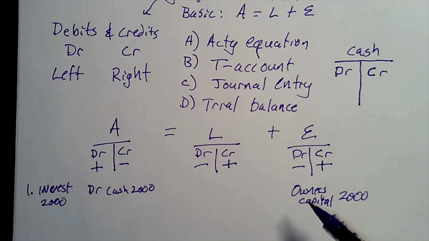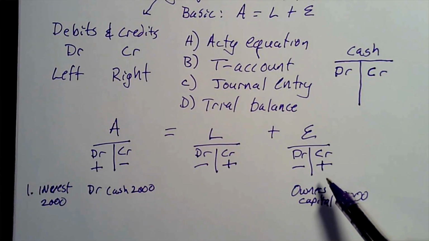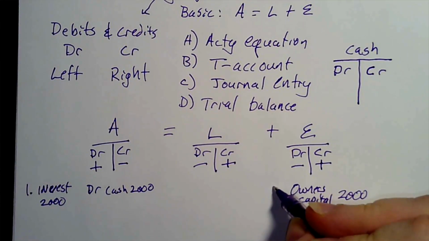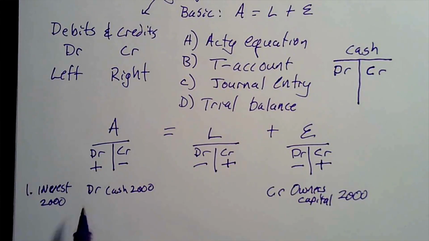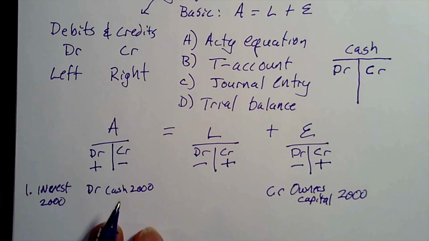So if owner's capital goes up, is that a debit or a credit? Well, for equity accounts, an increase is a credit. So here we have, let's check our rules. Does the accounting equation balance? Yes, there's something on each side, and my debits equal my credits.